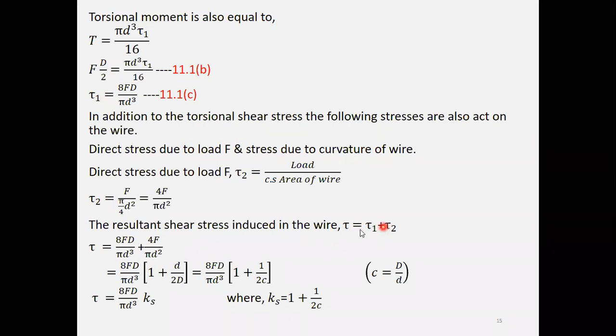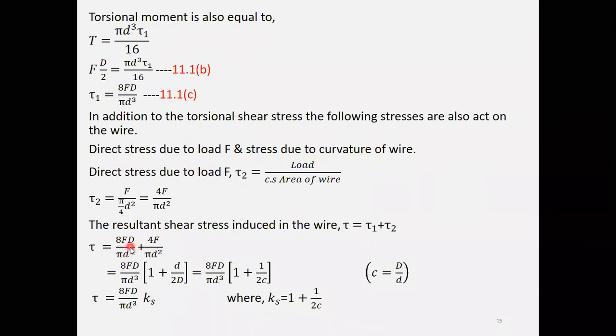You need to add both. Substitute the value of tau 1 and the value of tau 2. Now I am going to take 8FD by pi d cube common. If you take this common, the remaining inside the bracket will be 1 plus. In this term also I need to take 8FD by pi d cube.